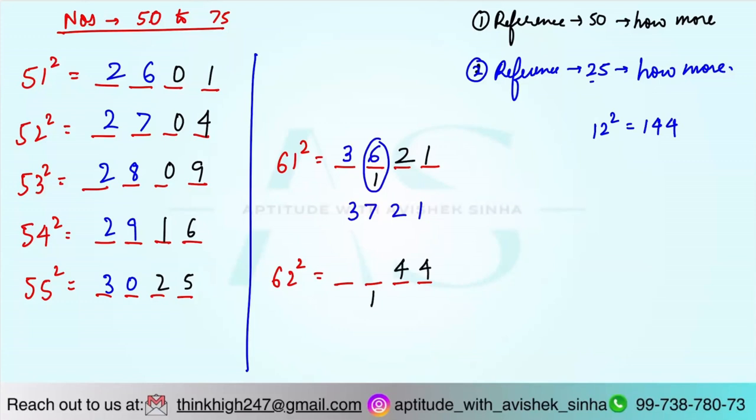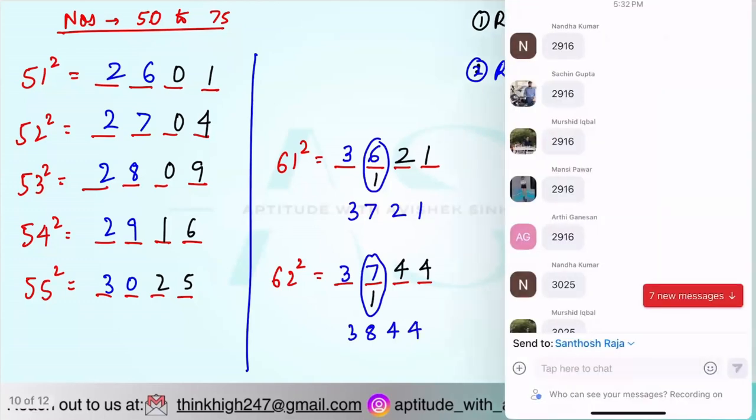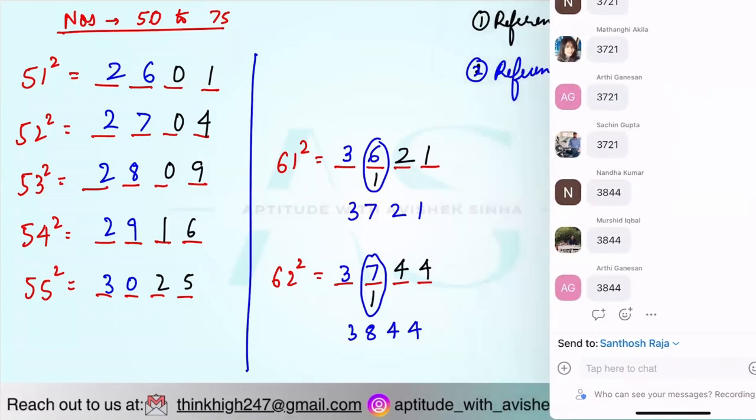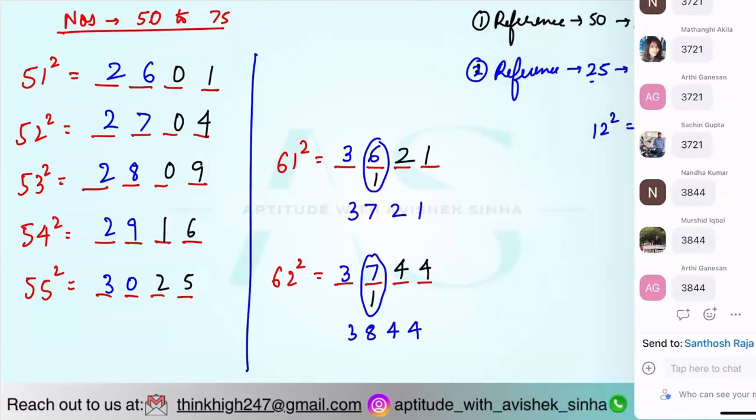Then how much more? It is 37 more than 25. So this becomes 3844. 3844. Wonderful. I hope you are following this, all of you.